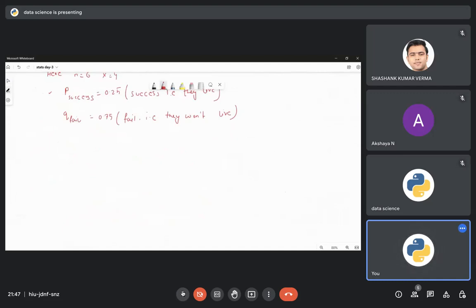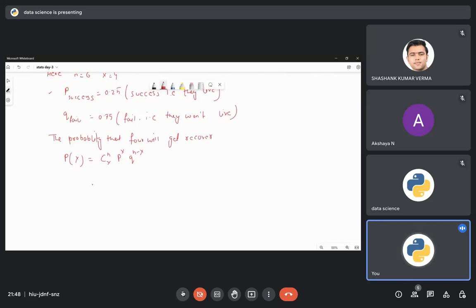Now the probability that 4 will recover: P of x is equal to C of n, x, P to the power x, Q to the power n minus x.